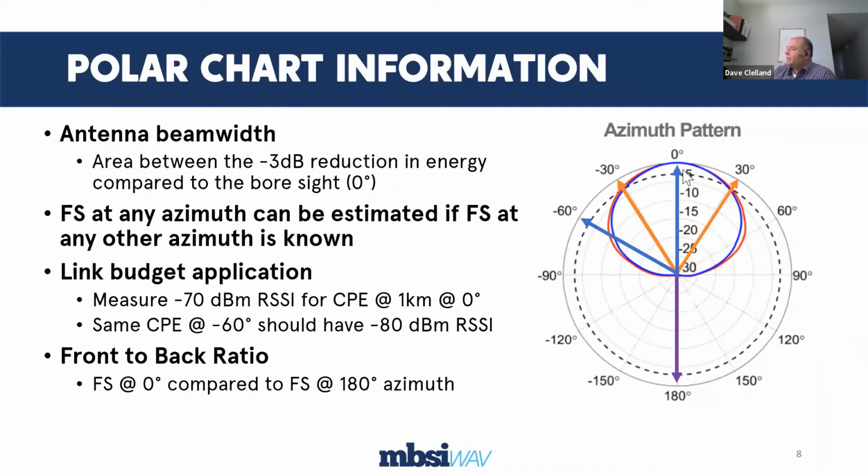So if I were at this minus 60 point here at the 0 degree azimuth, just follow me here, at some point beyond minus 90, I'm going to hit minus 90 dBm here. I'm going to be 30 dB less than this signal here. My front to back ratio of this antenna is 30 dB.